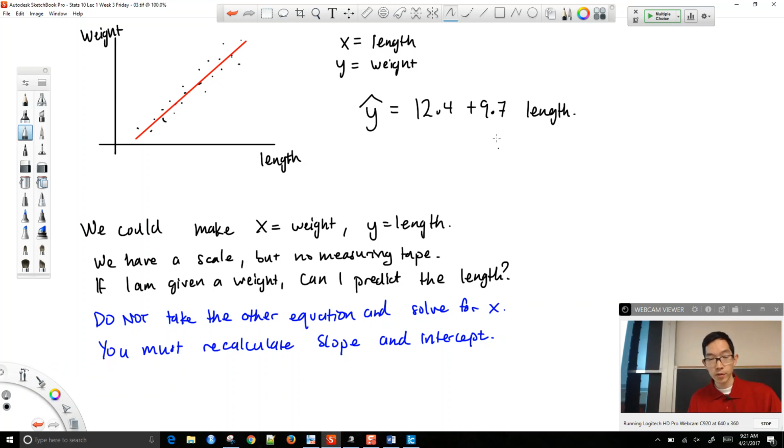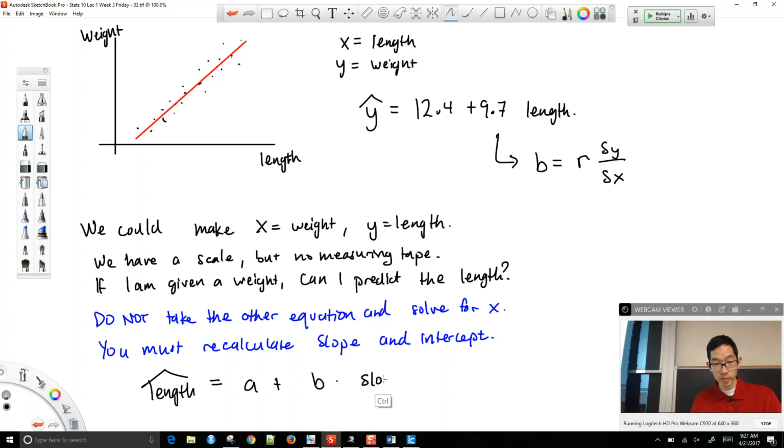So right here we said the slope is equal to correlation times sy divided by sx. You would have to redo this, and this time you would have predicted length is equal to a plus b times weight, okay?